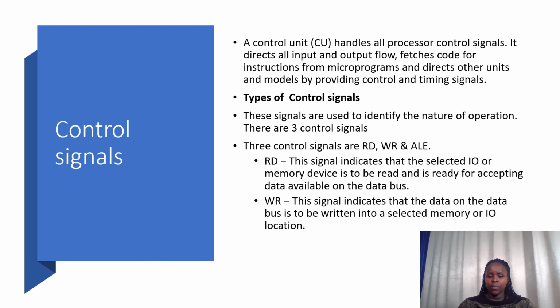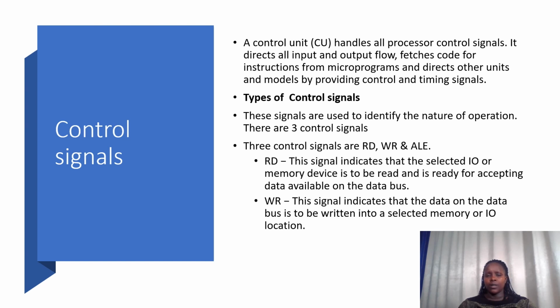So at that time, this signal will show the CPU which data to be read, which memory to be read, so data will be retrieved from that area. And if it selects the input-output unit, it has to show which input part or output part is needed. It is used to show whether the input-output unit or the memory device needs to be read.